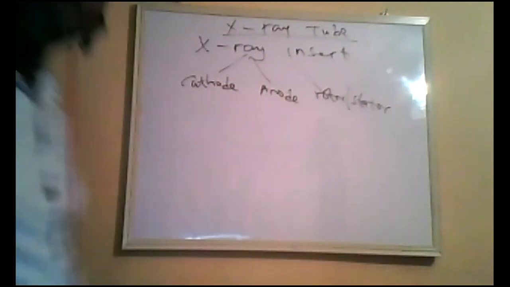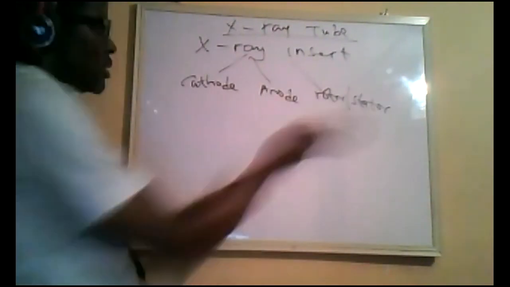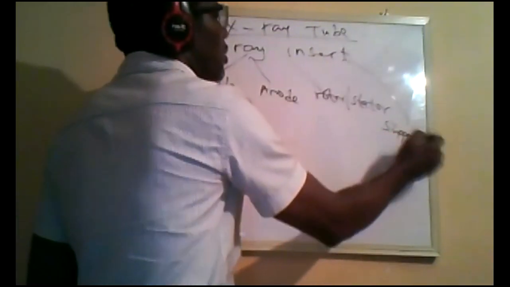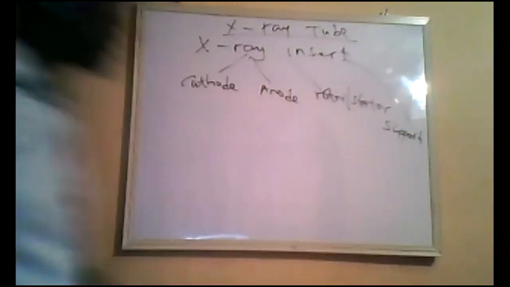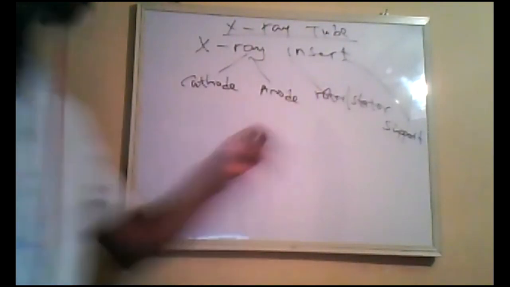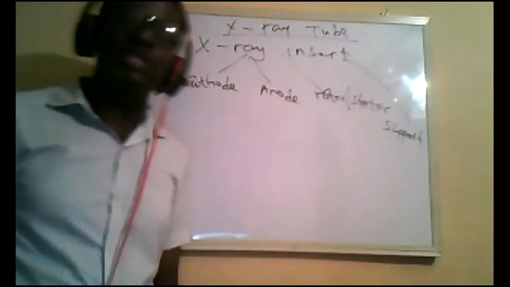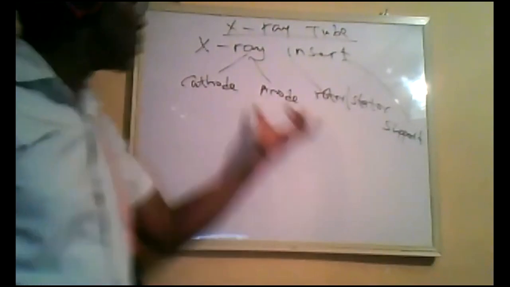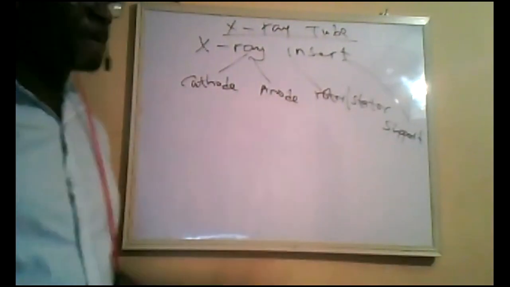These are the major components. Of course, the support. The X-ray insert: the cathode, the anode, the rotor-stator assembly, then the support holding the rotor and the anode.